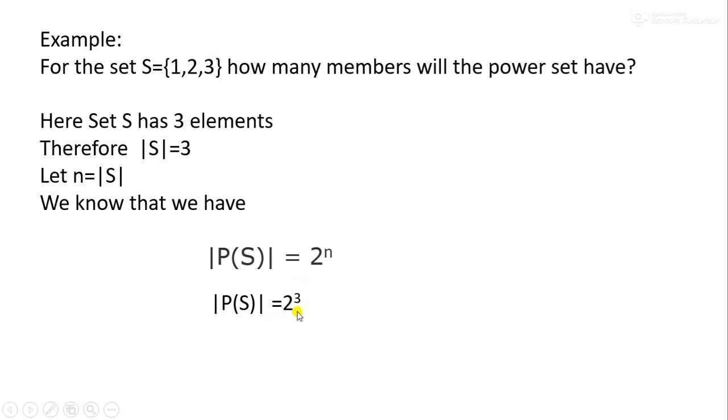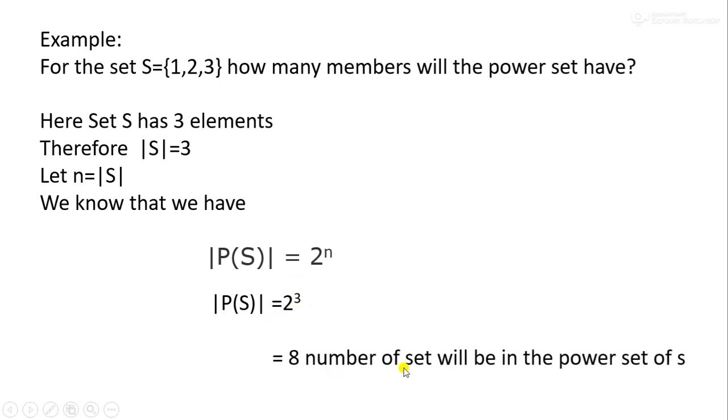So 2 to the power 3, that is 8 subsets, will be in the power set of S. How many elements are there in the power set? A total of 8 elements will be in the power set of S. This is how we can calculate the power set of any set using this formula. The size of the power set of S equals 2 to the power n, where n is the total number of elements.